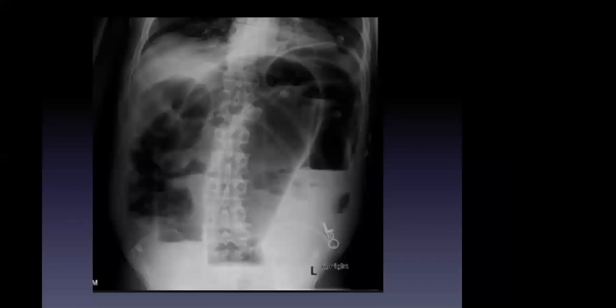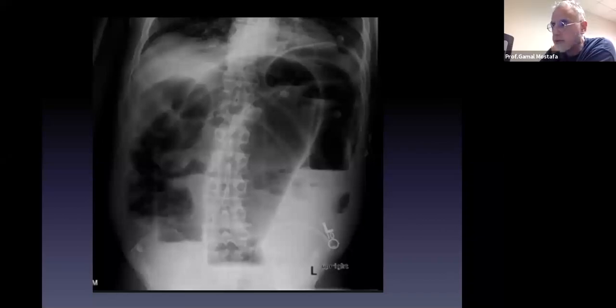Could be pseudo-obstructive. Pseudo-obstruction, right? Yeah. Okay. So it could be mechanical obstruction or it could be pseudo-obstruction, right? Yeah. Right.